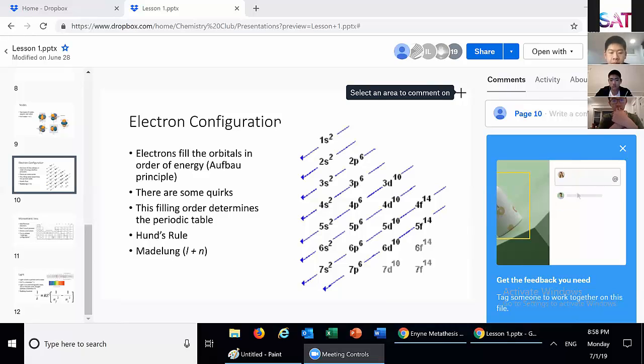A handy mnemonic for this filling order is Madelung's rule. This is the idea that you fill orbitals in order of n plus l. Orbitals with larger values of n plus l fill after orbitals with smaller values of n plus l.